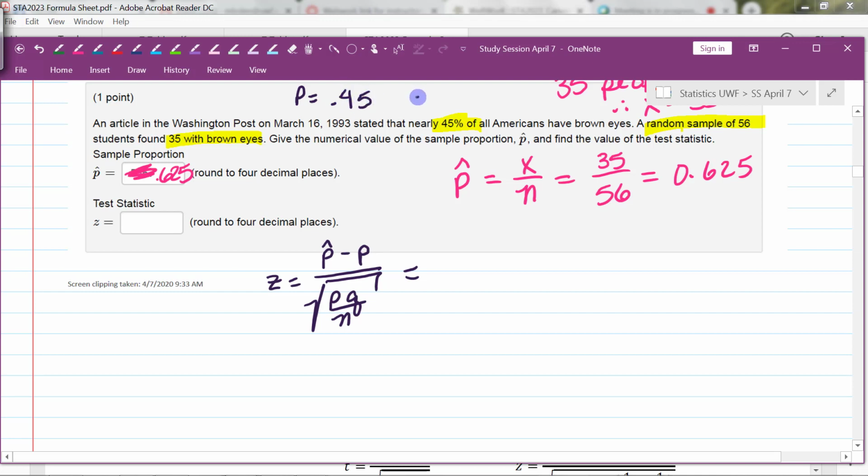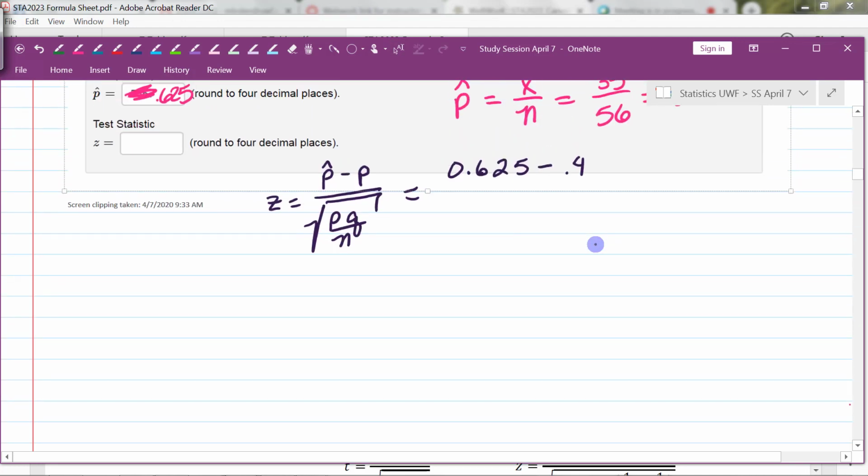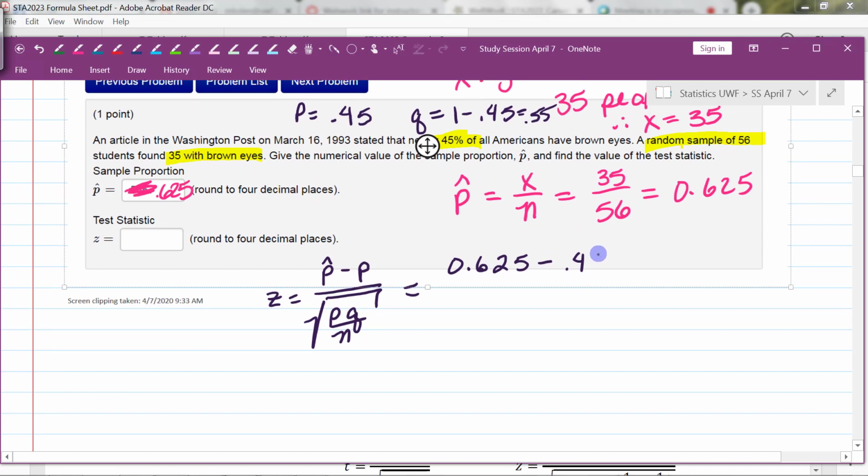If p equals 0.45, q is equal to 1 minus 0.45, which is equal to 0.55. So p hat is 0.625, so 0.625 minus p, 0.45, divided by the square root of... Now this is p, not p hat, okay?